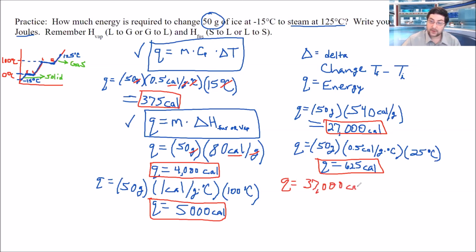All right, but the problem didn't ask me how many calories of energy this would require. It asked me how many joules of energy it would require. So I need to do a little dimensional analysis, okay? So I'm going to put my given over 1. So I'm going to put that 37,000 calories over 1. And then I'm going to make sure my unit matches top and bottom.